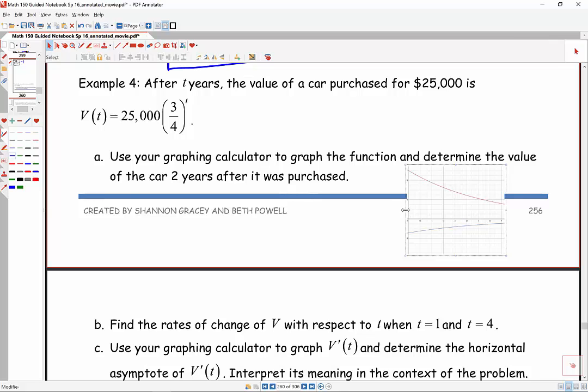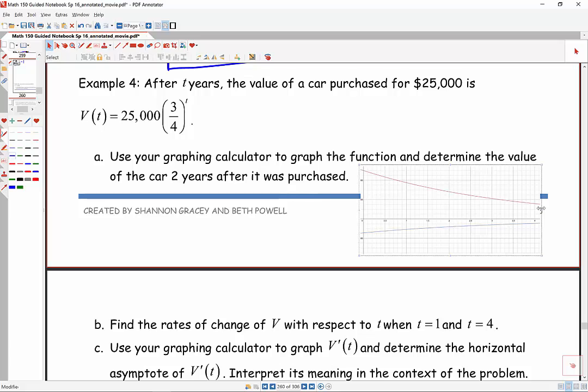And then here we want to use, we graph the function, right? And so we want to figure out at time t, at time 2, what value did it have?